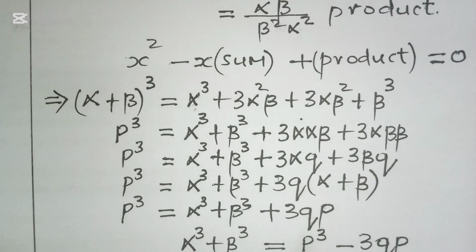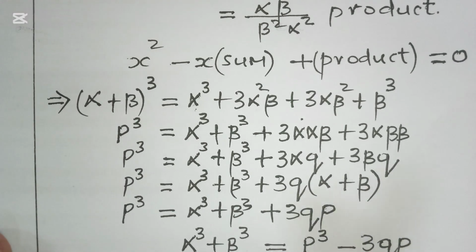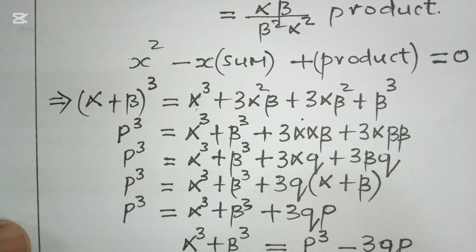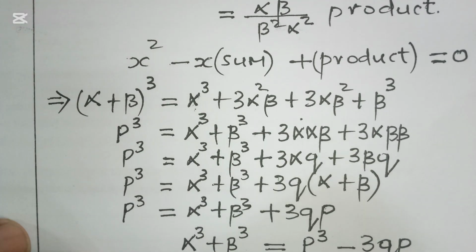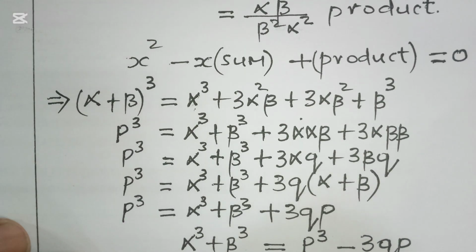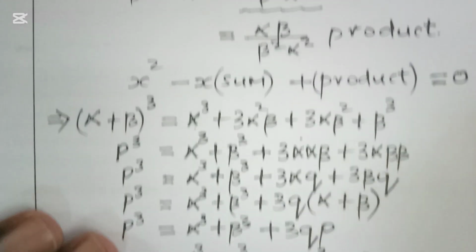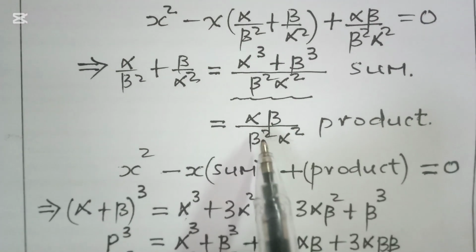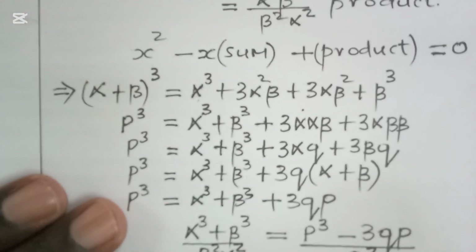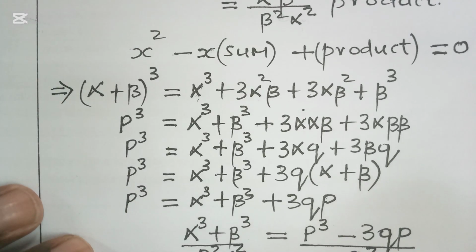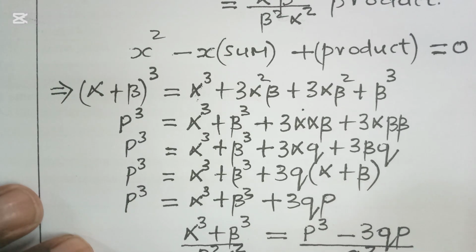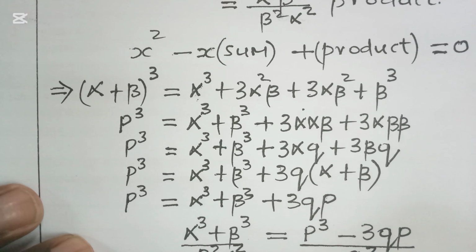So guys, now I have been able to get my sum. And for the product, we are going to have alpha beta all over beta squared alpha squared. That is the product now. So this product is going to be equal to q all over q squared.